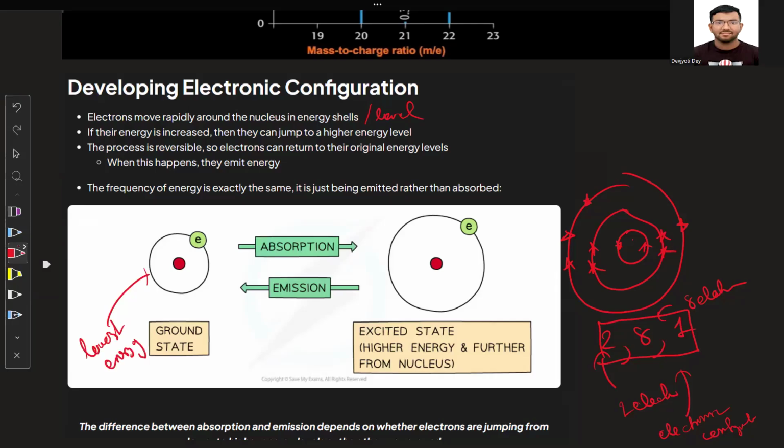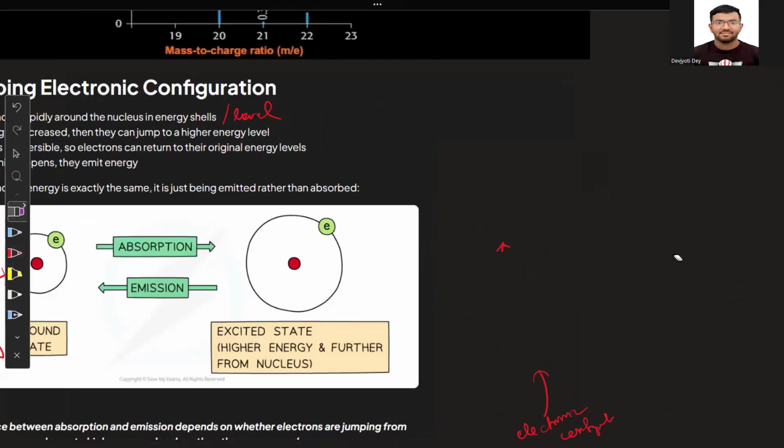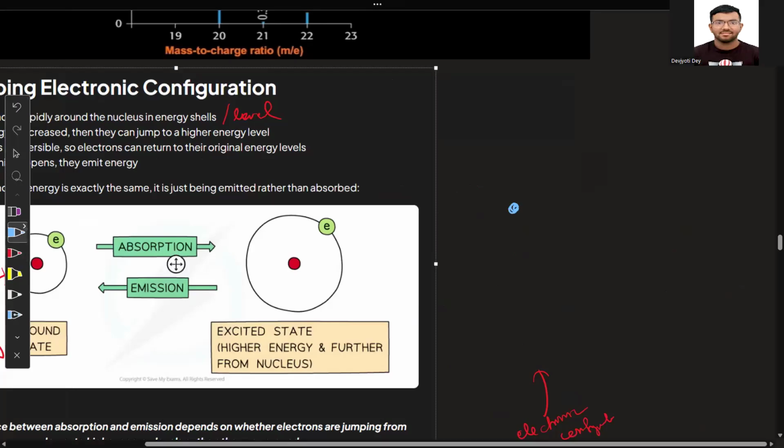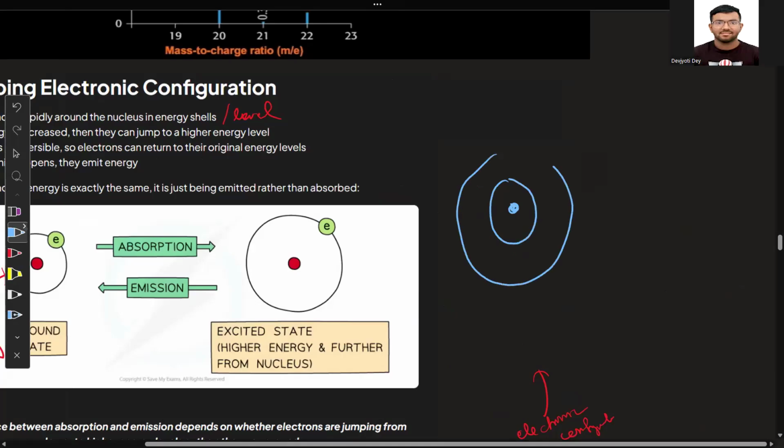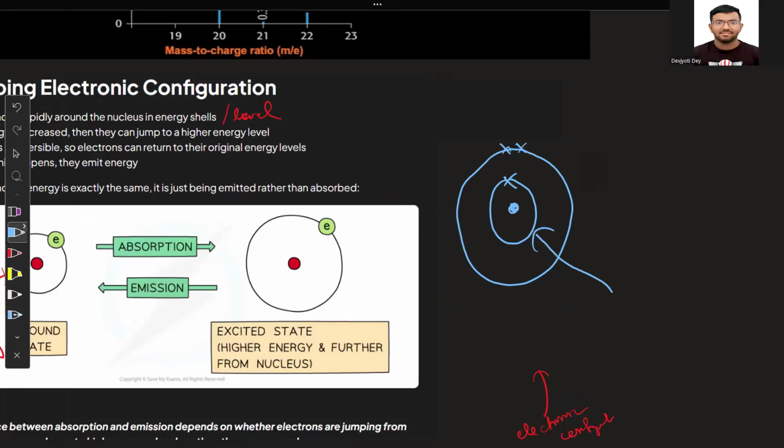If I show it in more depth, here is the nucleus. What we're trying to say is that this is the energy possessed by the first energy shell, and this is the energy possessed by the second energy shell.